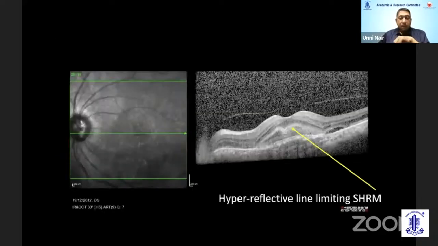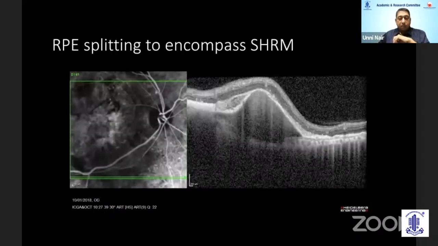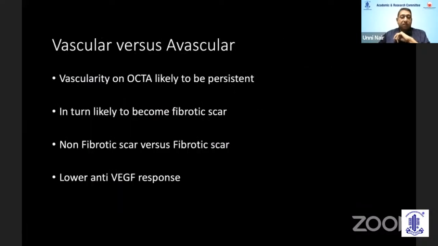Here you see a hyperreflective line enveloping the SHRM. Here is another case where you can see the sub-RPE splitting to encompass the SHRM. A key feature now is using OCTA to decide if the SHRM is vascular or avascular. Very simply put, a vascular SHRM is likely to become a fibrotic scar with a poor anti-VEGF response and poor visual outcomes.